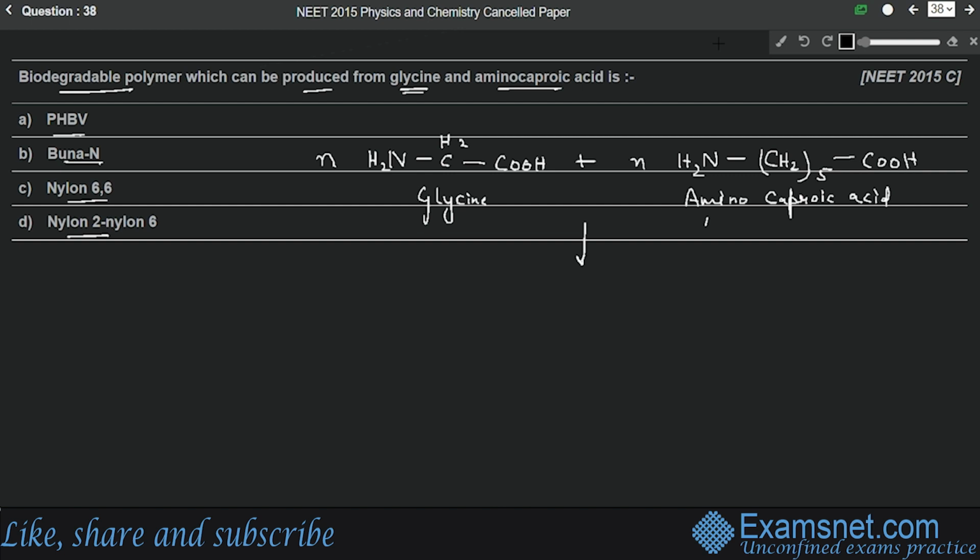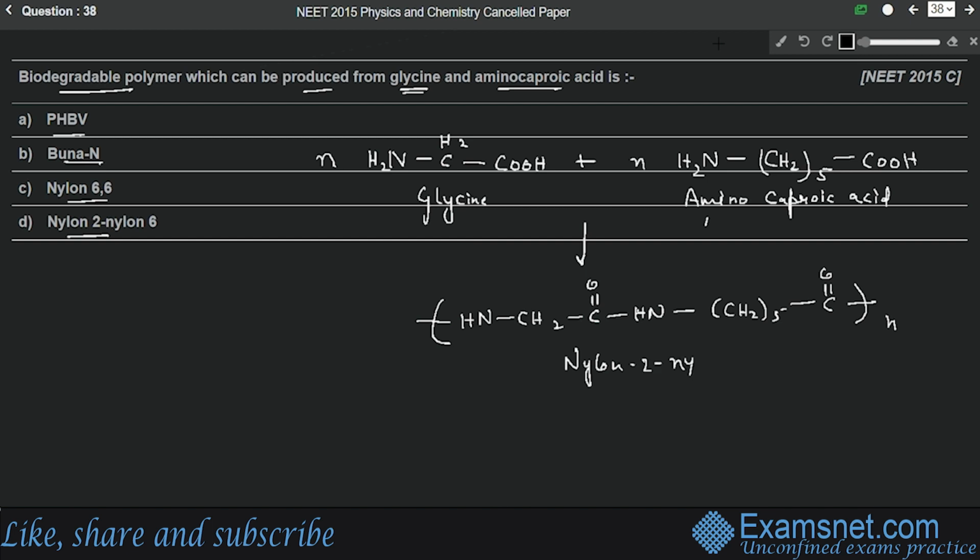Then as a result, the polymer that is formed is NH, CH2, C double bond O, NH, then CH2, then C double bond O again. This is your polymer that is known as nylon 2 nylon 6. So the correct answer is option number D.